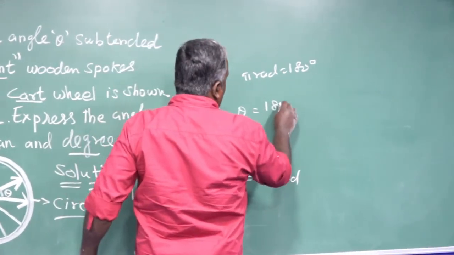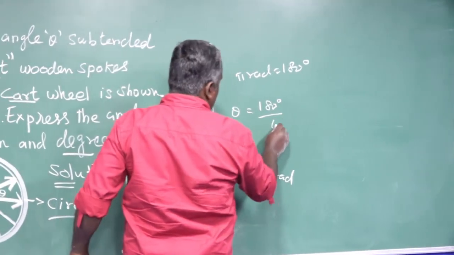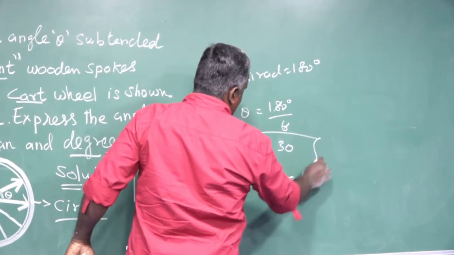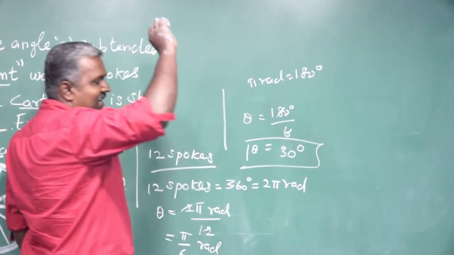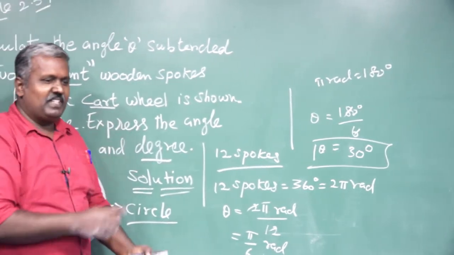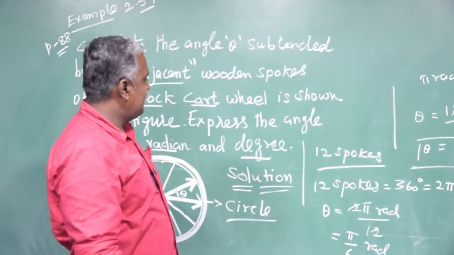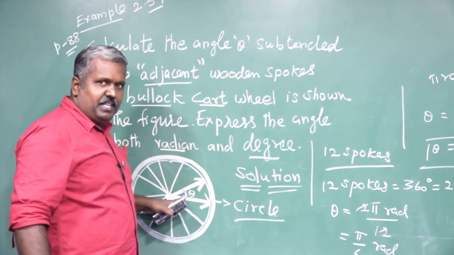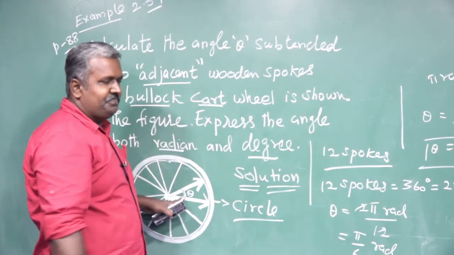So 180 by 6 is equal to 30 degree. Very good, you are correct. 30 degree. This is equal to 30 degree. Is it correct or wrong?